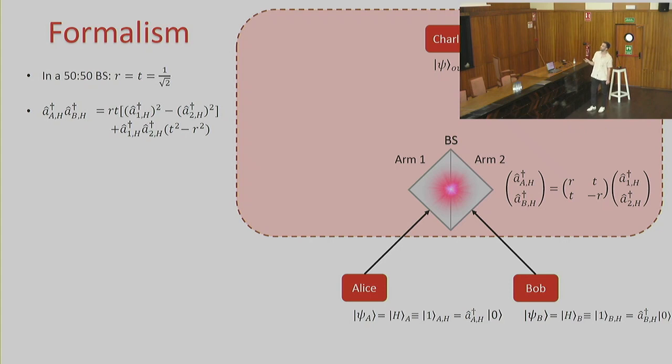This term here cancels out because T equals R. So you get that, and then you apply this to the state, and you get this wave function. That's it. But if your beam splitter is not perfect, you will have a residual term here that will affect your interference.